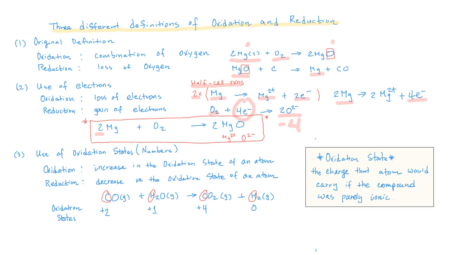Now how do we understand this overall reaction? 2 magnesium atoms lose 4 electrons, and these 4 electrons are gained by the oxygen molecule to become 2 oxide anions. So this oxidation reaction and reduction reaction occur at the same time and complete the chemical reaction.